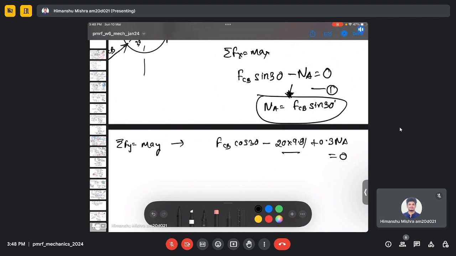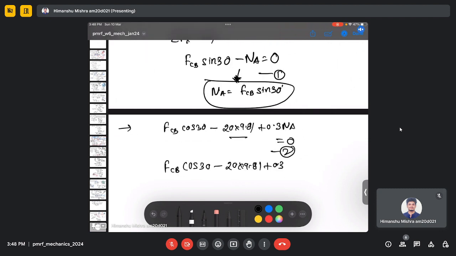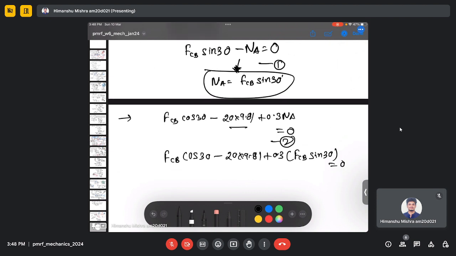So from equation 1 we can relate the normal reaction to FCB. In equation 2 also we can relate the same. I can write the normal reaction as FCB sine 30 equal to 0. So now we can find FCB and normal reaction. This may help us to find the angular acceleration when we do the moment balance.